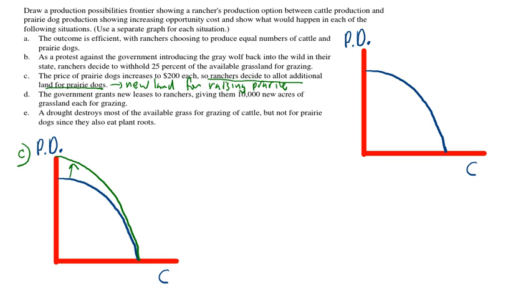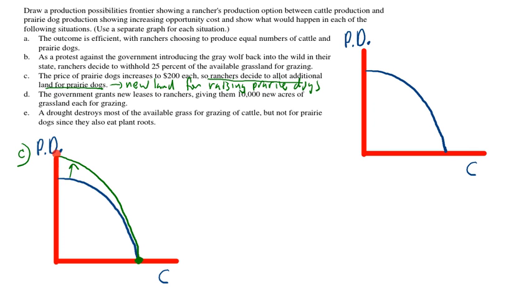All of a sudden, we're dedicating more land for prairie dogs, so we're able to produce more than we could before. We're not taking any land away from cattle, so this maximum amount of cattle that we could produce before is still the same. It hasn't gone up or down, but now since we have new land for raising prairie dogs, we've increased our maximum number of prairie dogs that we can raise.